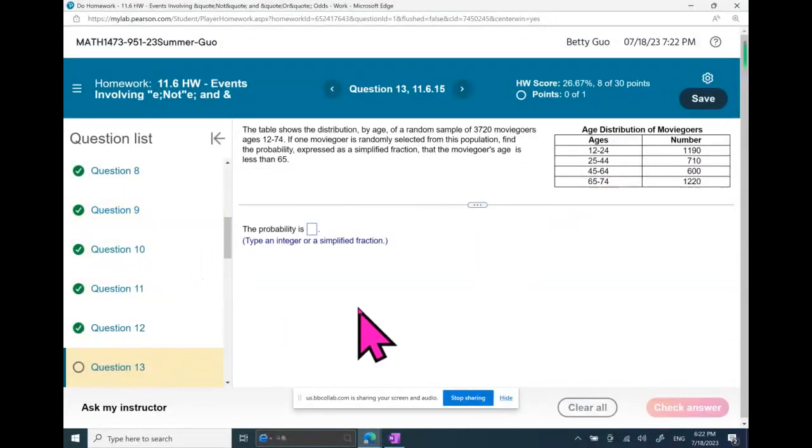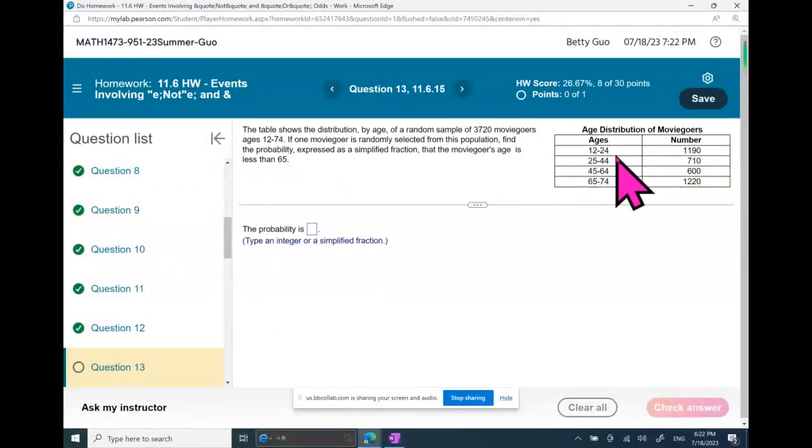The table shows the distribution by age of a random sample of 3,720 moviegoers, ages 12 to 74. If one moviegoer is randomly selected from the population, find the probability, expressed as a simplified fraction, that the moviegoer's age is less than 65.